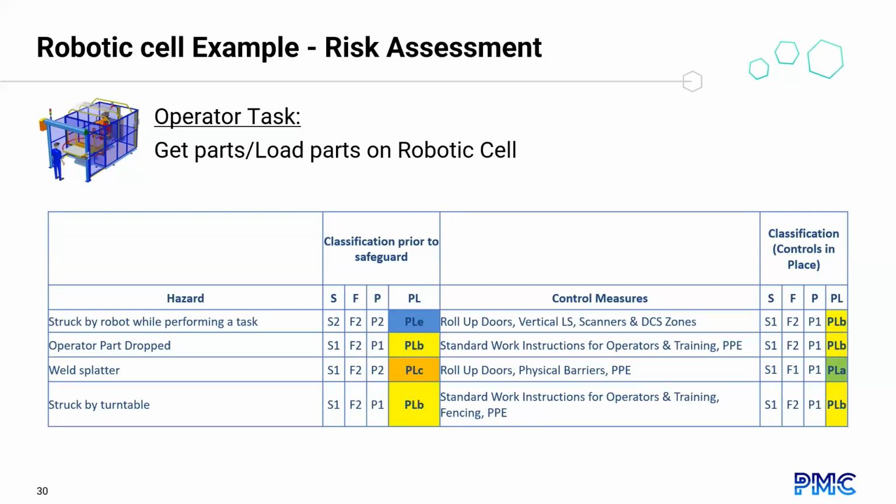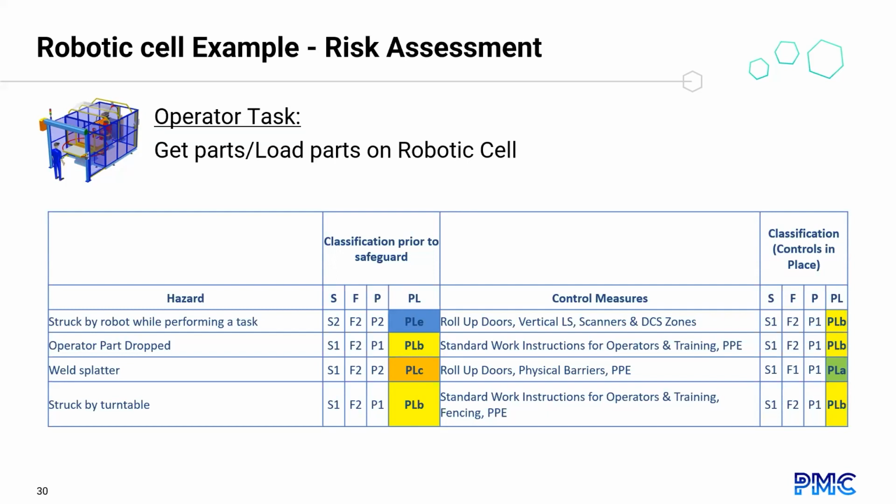So the operator is constantly, every minute, loading parts in this station, in the turntable. And the possibility of avoiding is P1. It's something that the operator manages to avoid. The operator manages to escape this turntable movement. We then obtain PLB as performance level. It's a low risk to the operator.